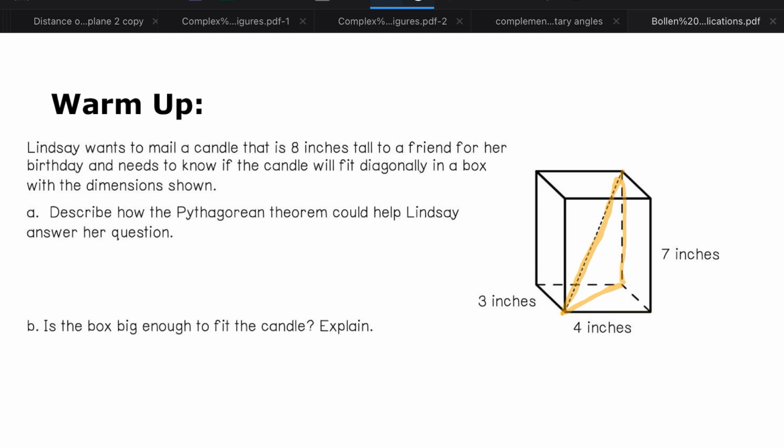So the first step is to find this diagonal one.